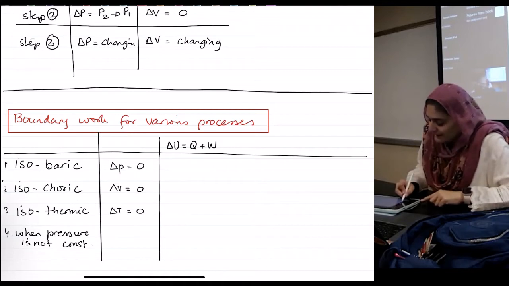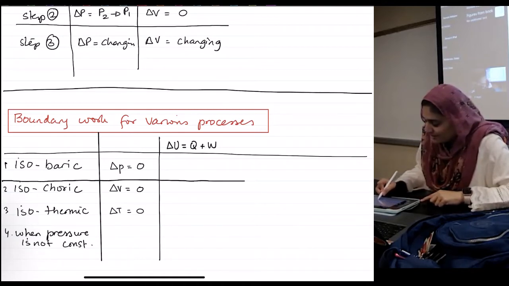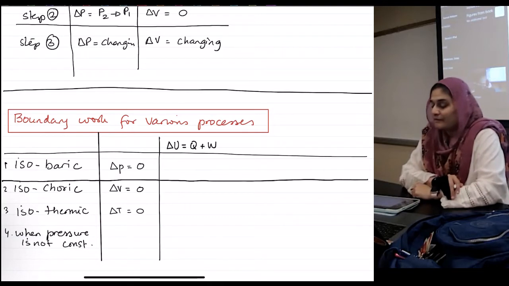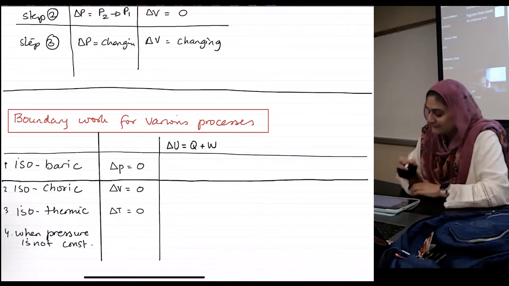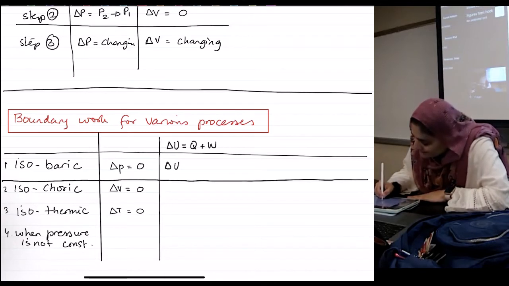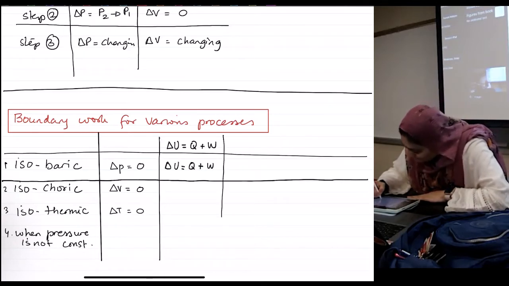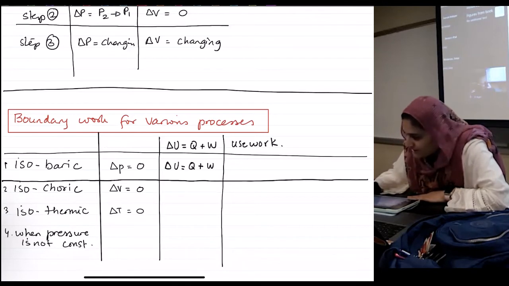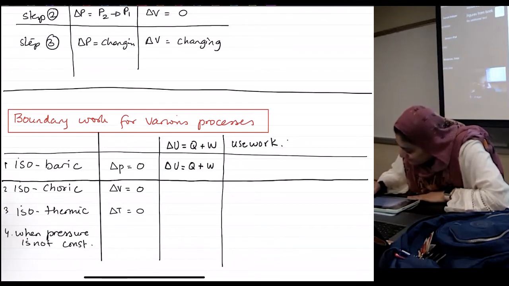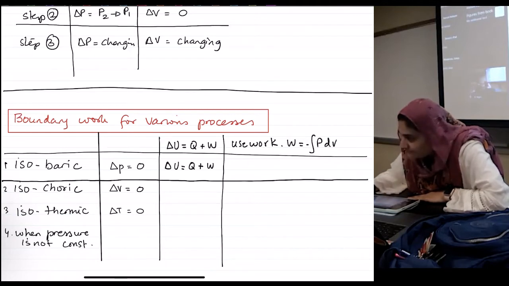So when I have isobaric processes, how do I write the first law? I write it as delta U equals Q plus W. And how do I write useful work? P is constant, correct? Useful work was defined as negative P dV.